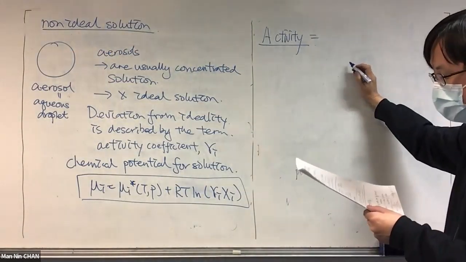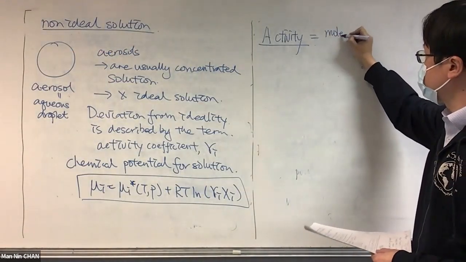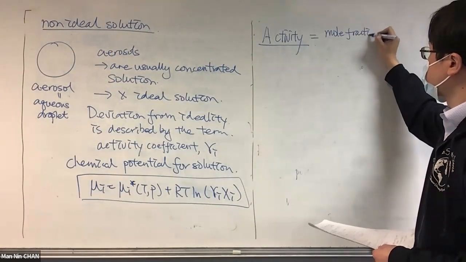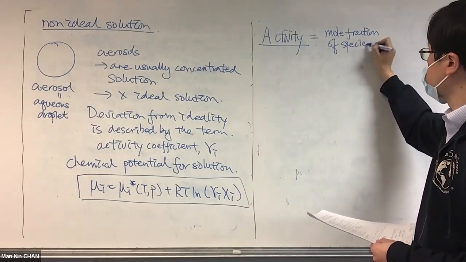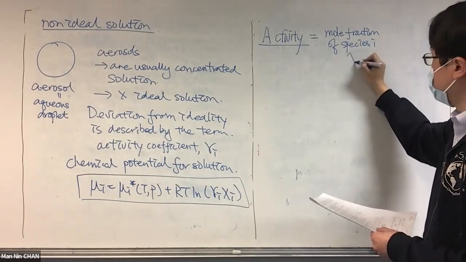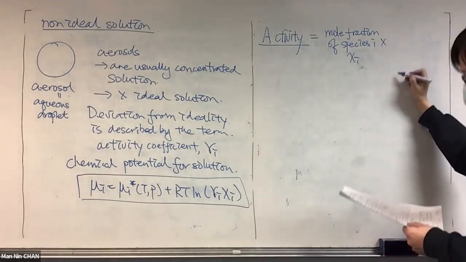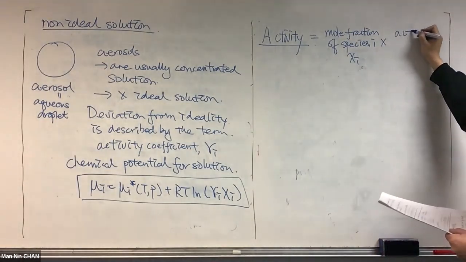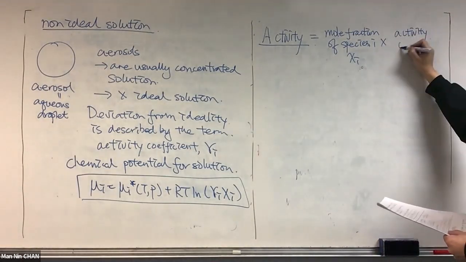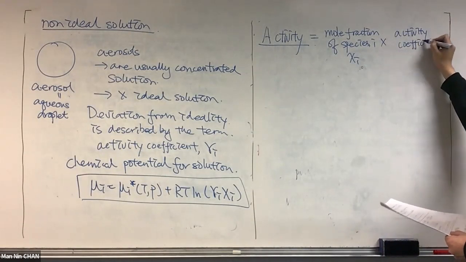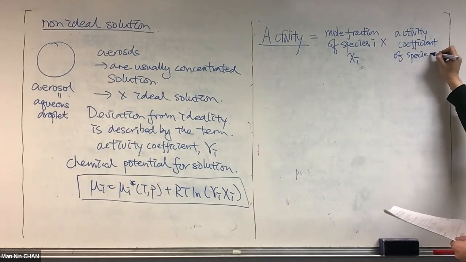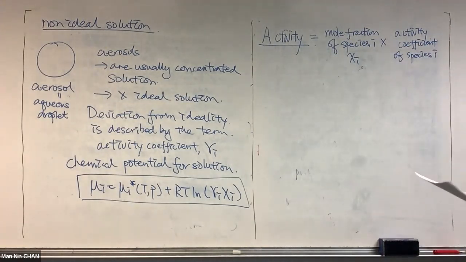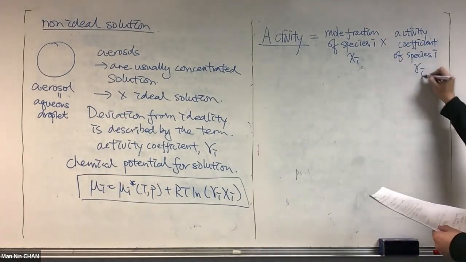The activity basically means the mole fraction of your species i, that means your xi, times the activity coefficient of your species i, that means gamma i.